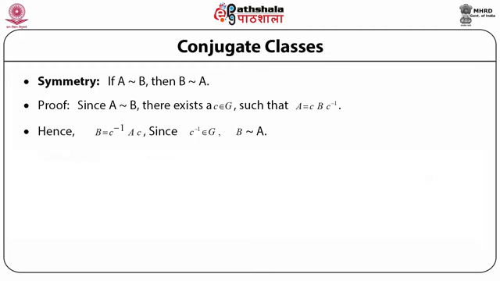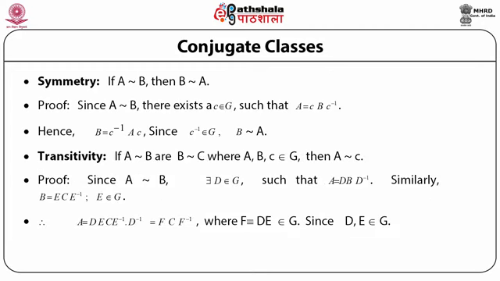The third property is the property of transitivity, which says that if an element A is conjugate to B and the element B is conjugate to C, where A, B, C belong to the group G, then A is conjugate to C. Since A is conjugate to B, there exists a D in G such that A is equal to D B D inverse. Similarly, B is conjugate to C. Therefore, there exists an element E in the group G such that B is equal to E C E inverse.